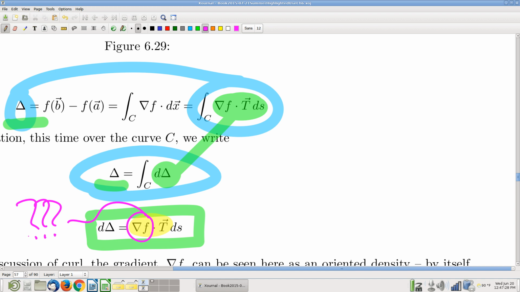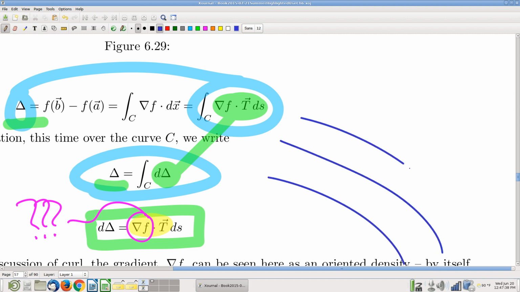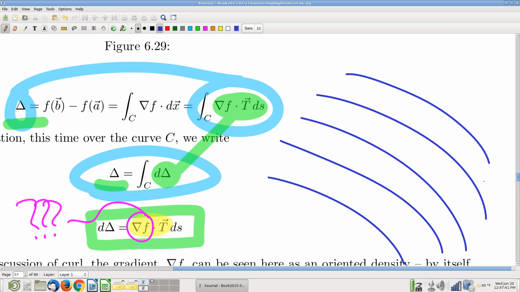And so here's a picture I want to draw. Remember, when we're talking about the fundamental theorem of line integrals, we're looking at some function. I'm going to draw a bunch of level sets. And let's suppose that we are at that point.